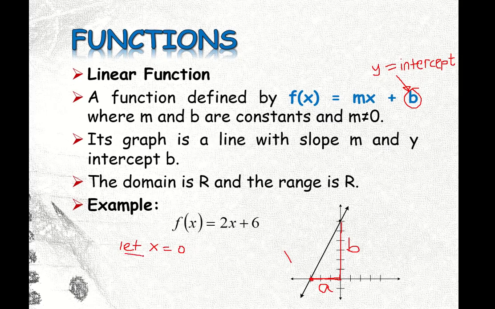So what is the value of f of x? This is equal to 6. So when x equal to 0, you have f of x equal to 6. Here you have 1, 2, 3, 4, 5, 6. So this is 6.